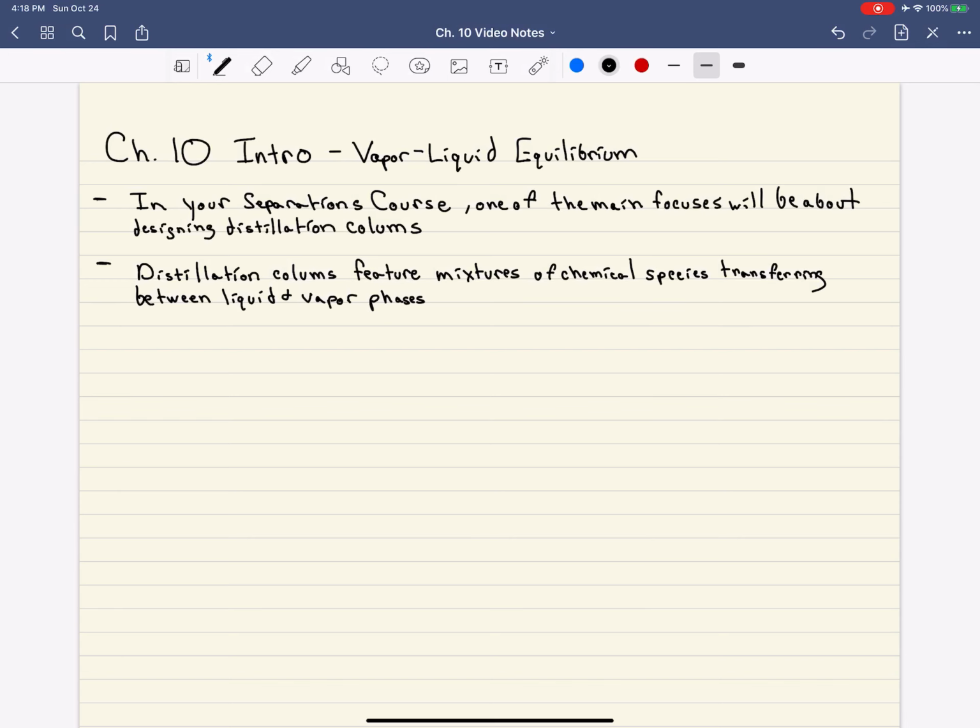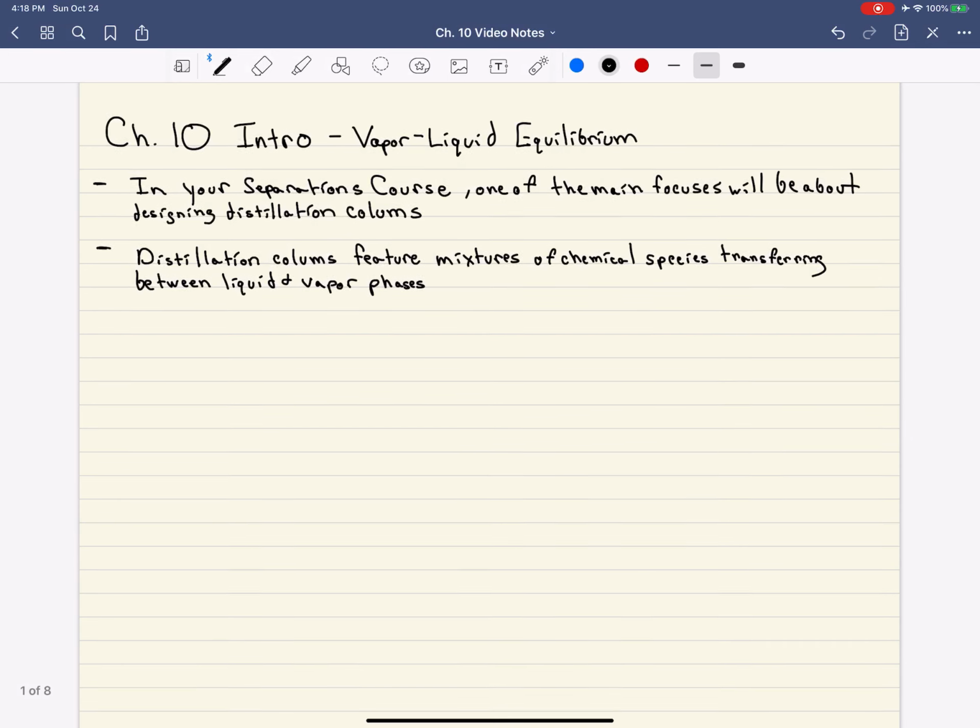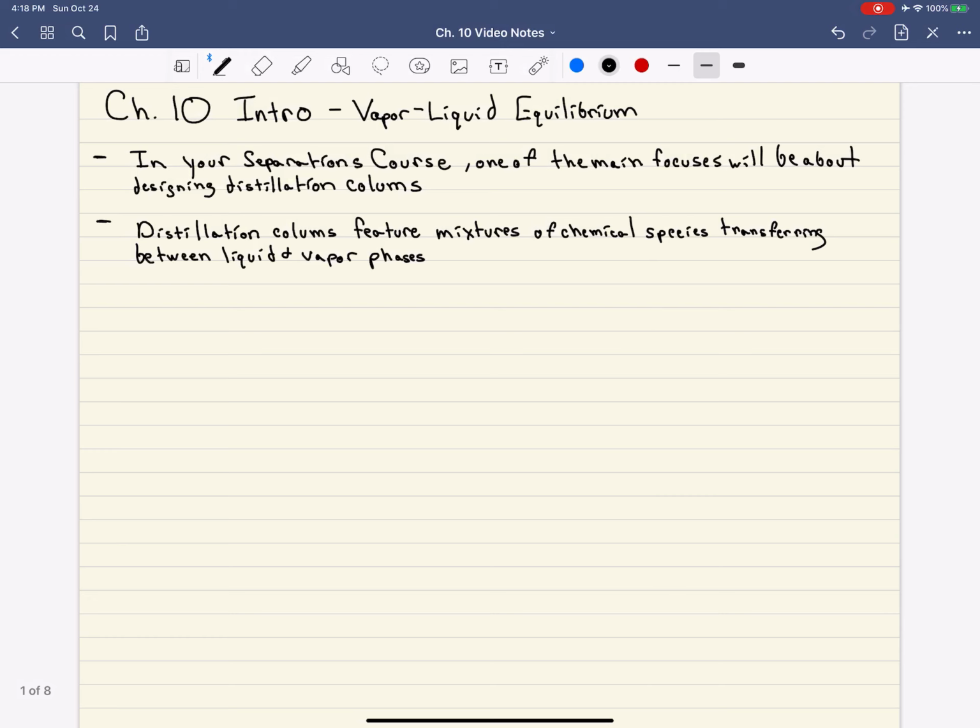As I mentioned, distillation columns are very complex unit operations, but we can make an analysis of them feasible and tractable by using certain mathematical tools.